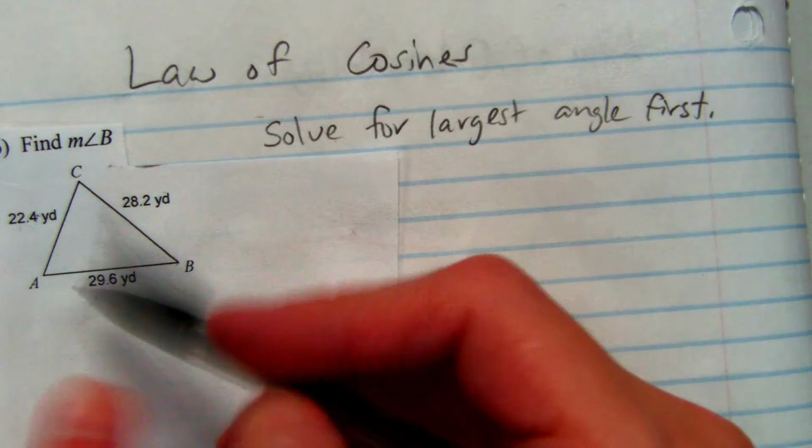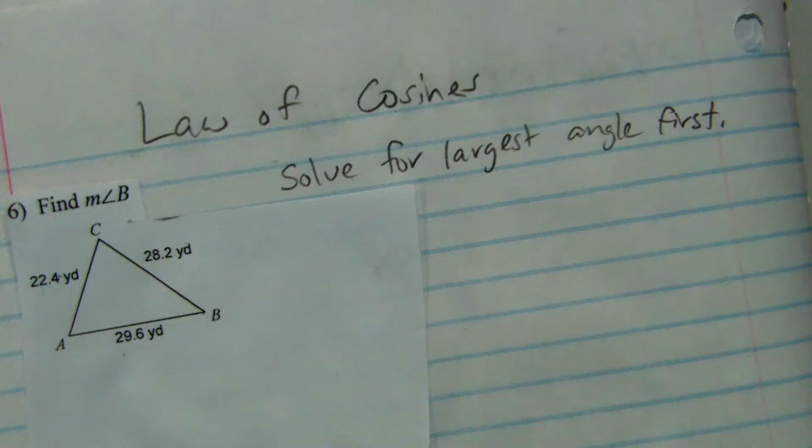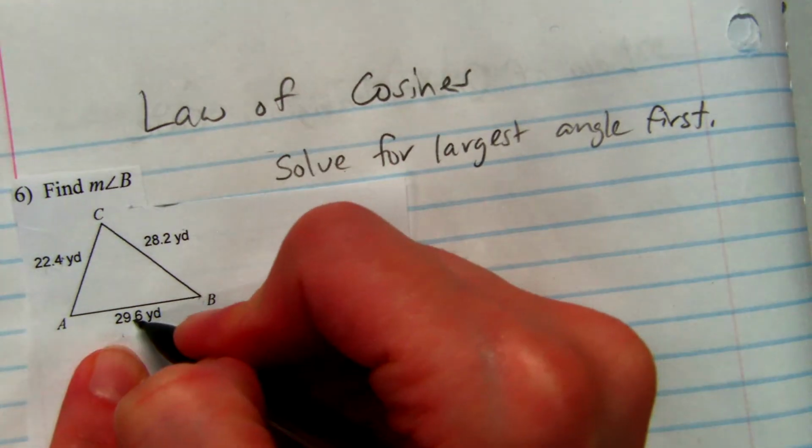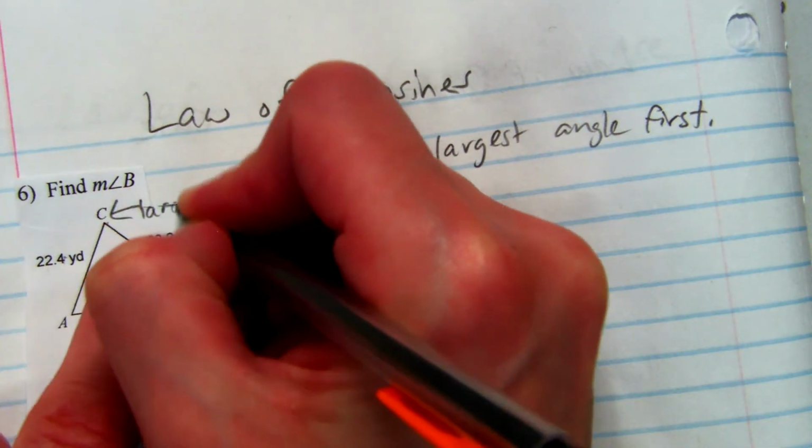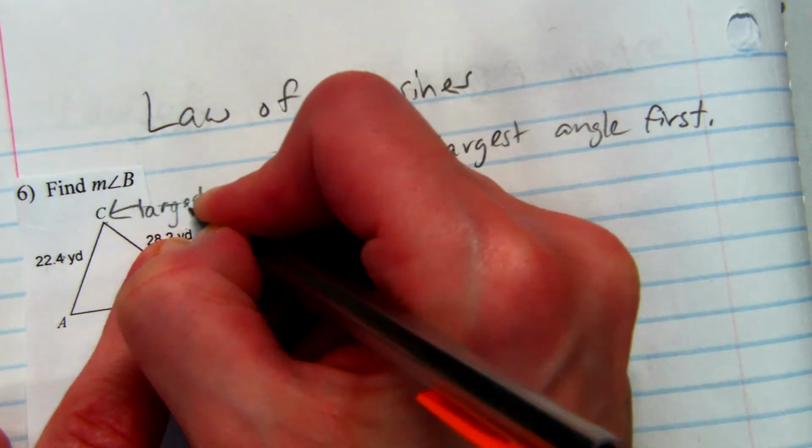So which of these would be the largest angle? The 29's here, and so C is going to be the largest angle. It will be across from the largest side.